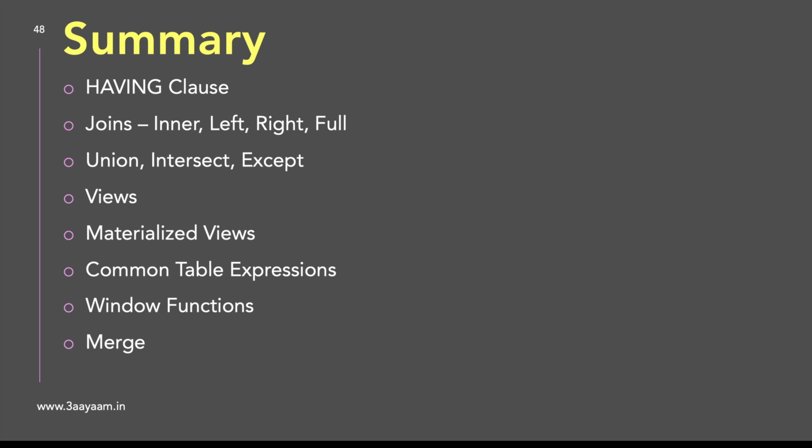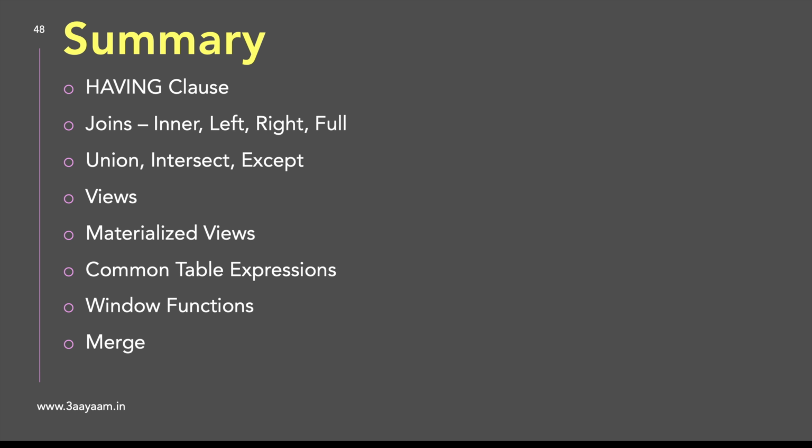It's okay if the column names are different, but the number of columns and the data types of those columns should be the same in all the queries that we mentioned using union. Union would also remove duplicates. If you do not want to remove duplicates, you can use union all.